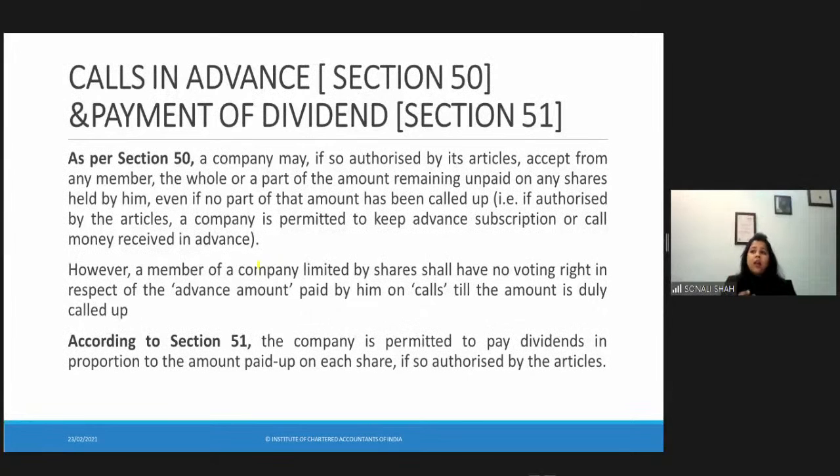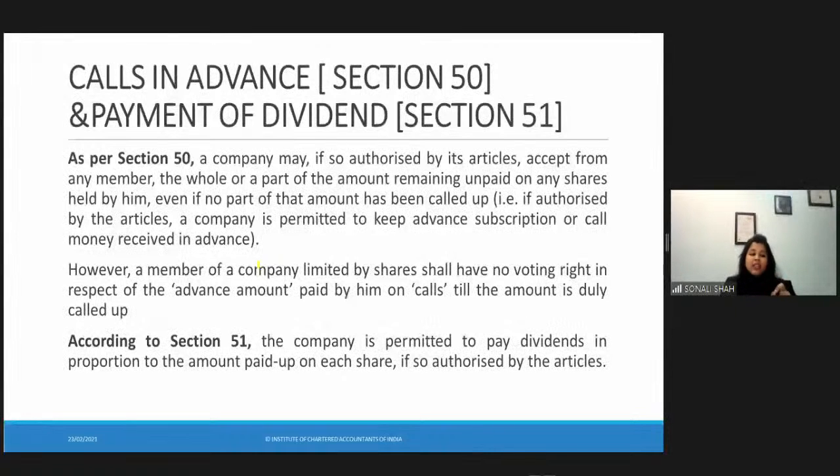So let's say I hold shares worth rupees 100. I have paid rupees 90, but the company has made calls as of now only for rupees 40. So I will have voting rights only in proportion to the shares worth rupees 40. For the remaining 50 rupees, I will not have a right to vote.